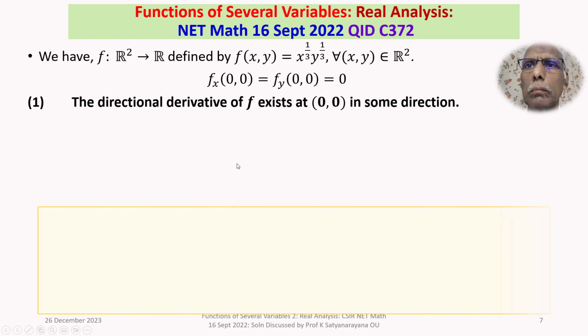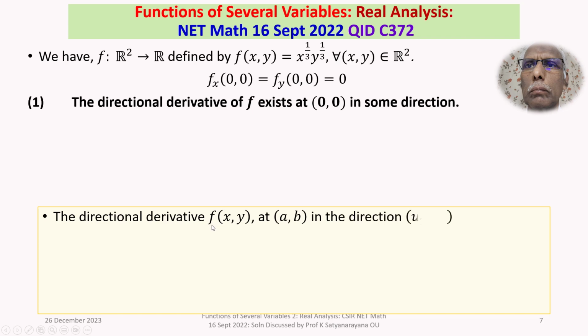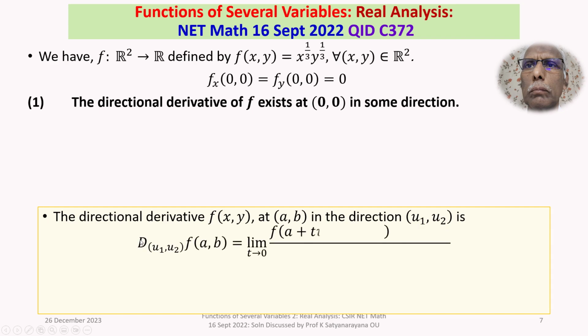Let us recall the definition of the directional derivative of f of x comma y at the point a comma b in the direction of the ordered pair u1 comma u2. It is denoted by capital D of f of a comma b with suffix u1 comma u2, and this is to be read as the directional derivative of f at a comma b in the direction of u1 comma u2.